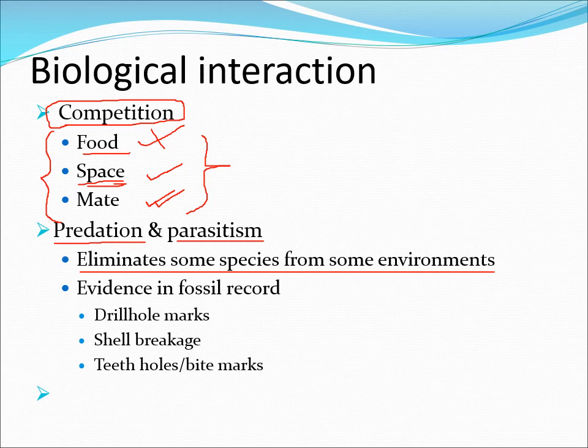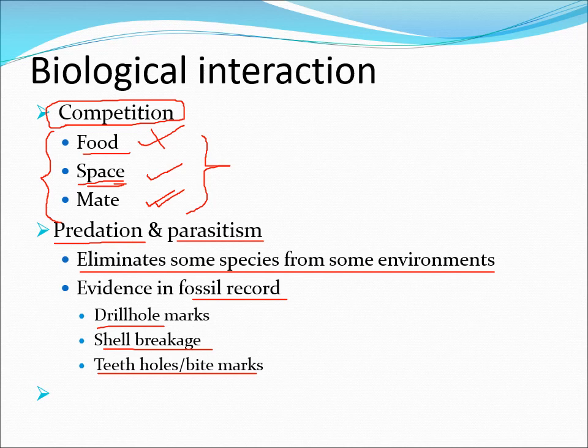And during these processes, there are some traces produced which are preserved in the fossil records also. Such examples are drill hole marks, bite marks, and shell breakage. Sometimes organisms mechanically make a hollow within the hard part of an organism, and those are known as drill holes.